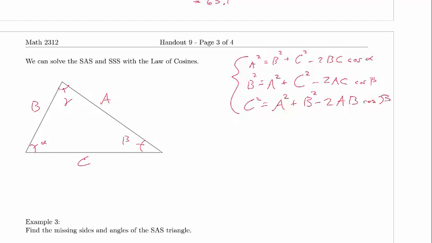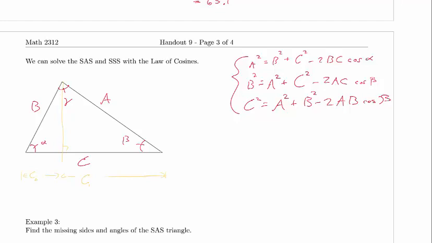Okay, so to prove this, what we're going to do is drop a line straight down that forms a 90-degree angle. And note that this is going to break our side C into two different sides, a C1 and then a C2, like so.